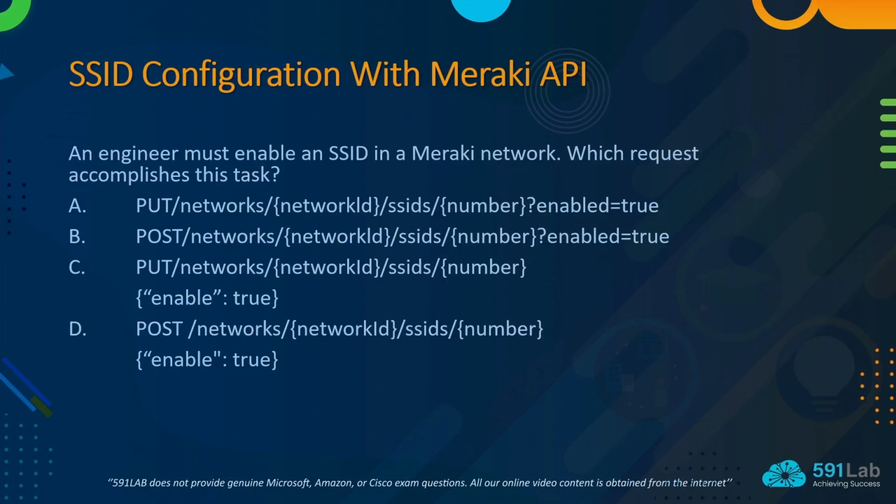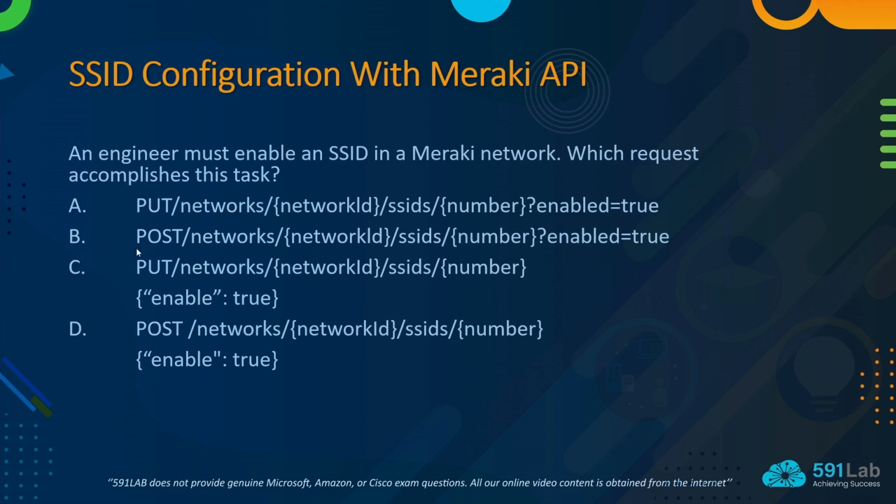Okay, the next one, SSID configuration with Meraki API. The question is, an engineer must enable an SSID in the Meraki network. Which request accomplishes this task? The first one, option A, is PUT networks, network ID, SSIDs, SSID number, then use the parameter enabled equals true.